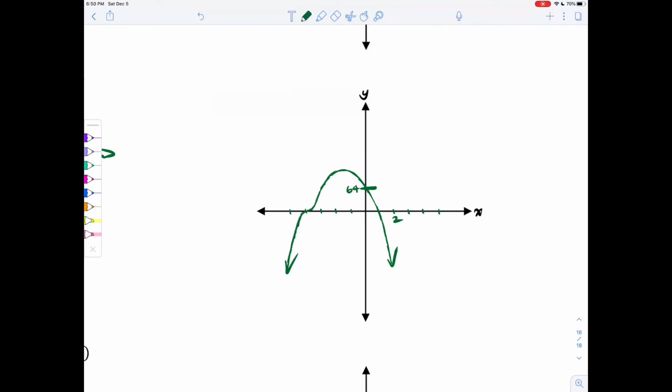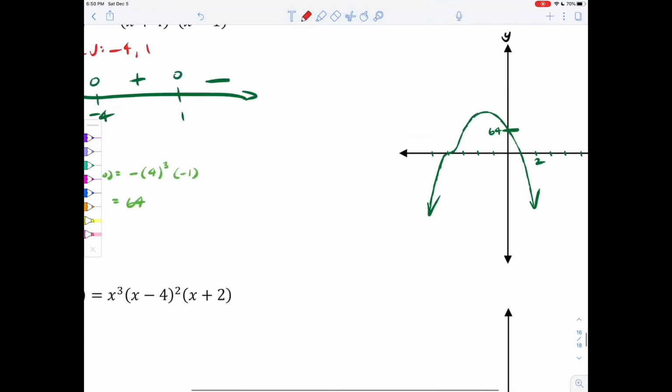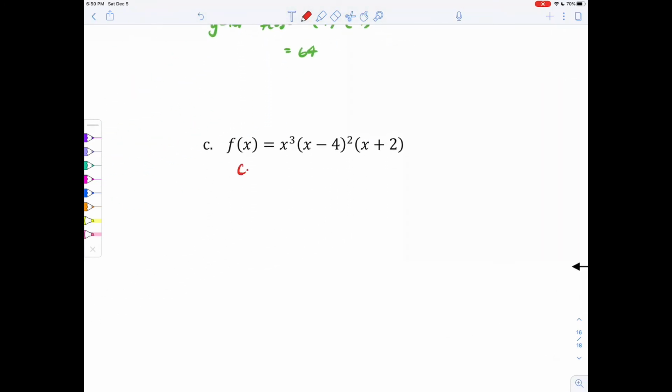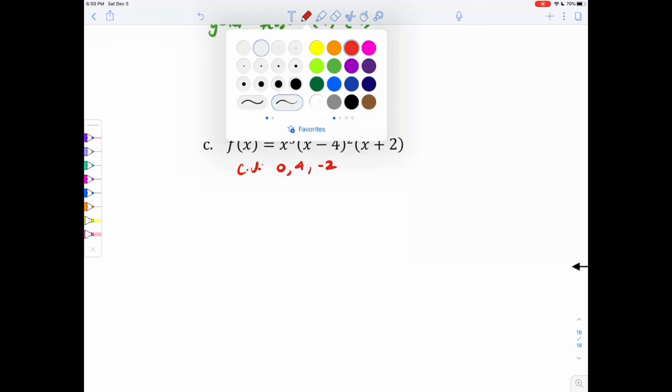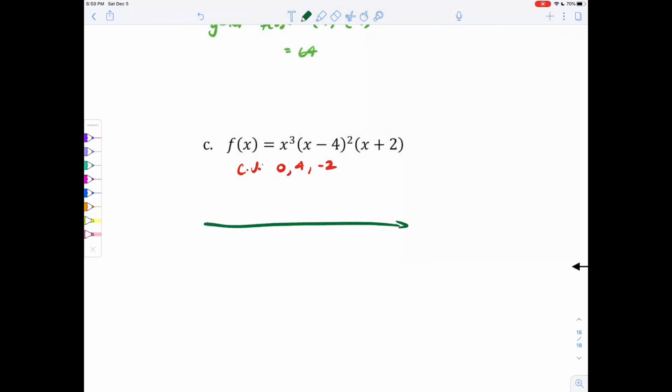And then, last example. Our critical values are at 0, 4, and negative 2. So we've got negative 2, we've got 0, we've got 4. F of x is 0 at each one of those. This has a positive lead, so I'm finishing positive.